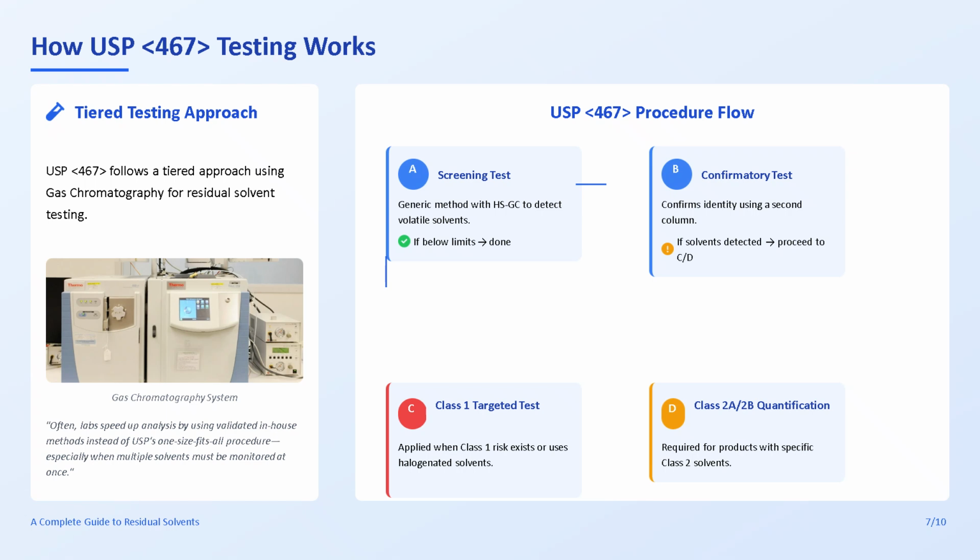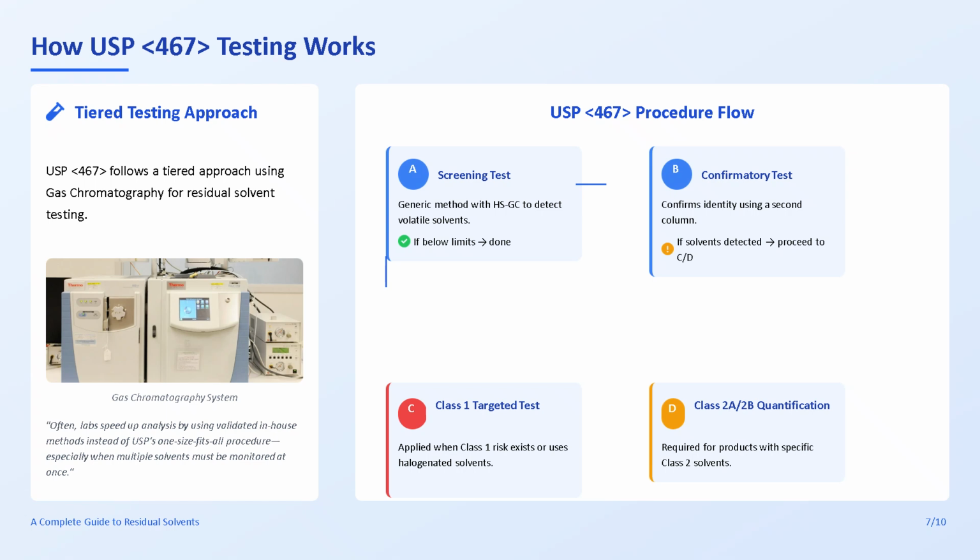USP 467 uses a tiered testing approach based on headspace gas chromatography. Here's how it works. Procedure A is the screening test. If no solvents exceed limits, you're done. If solvents are detected, you move to Procedure B, which uses a second column to confirm their identity.